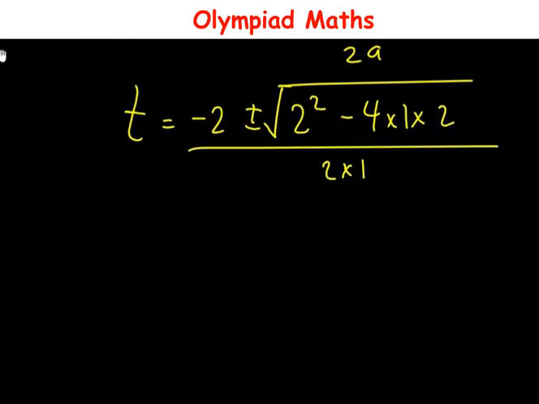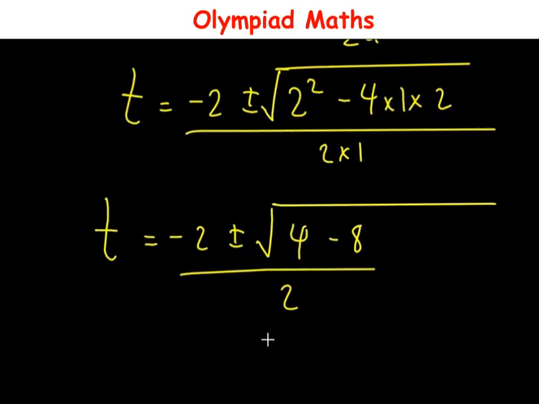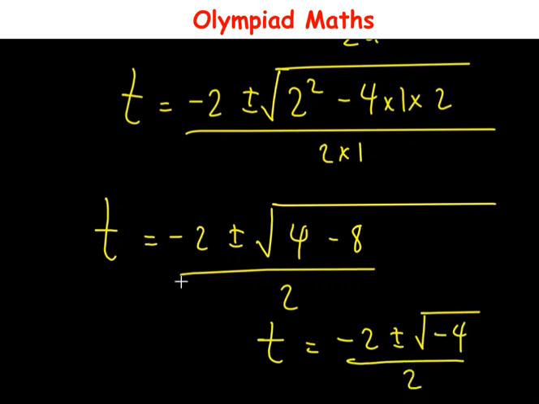So from here, t is equal to minus 2 plus or minus square root of 2 squared is 4, minus 4 times 1 times 2, that is 8, all over 2 times 1 is 2. So t is equal to minus 2 plus or minus root of 4 minus 8, which is minus 4, all over 2.